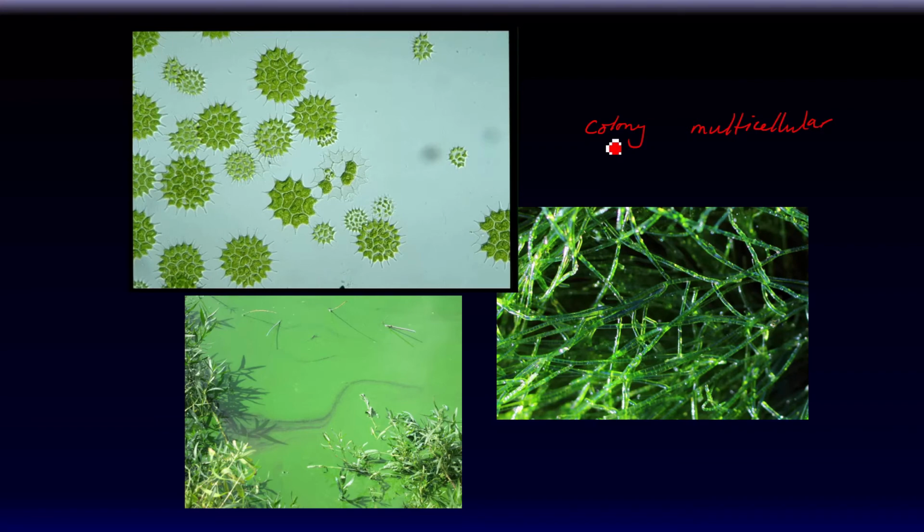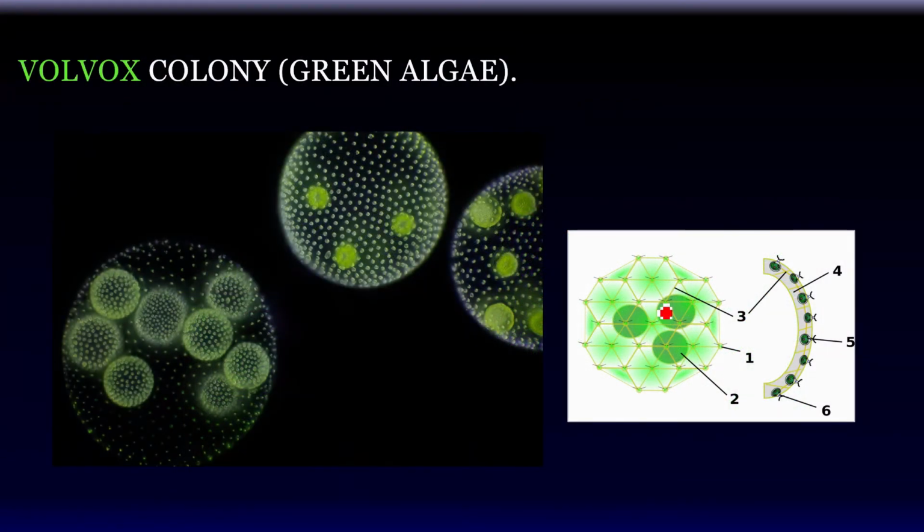In a colony, every cell is kind of independent. And in a multicellular organism, every cell can be independent too, but there is some degree of specialization. For example, a heart cell by itself, your heart cell, my heart cell, can't live by itself. But in a colony, the cells that make up the colony are pretty independent.